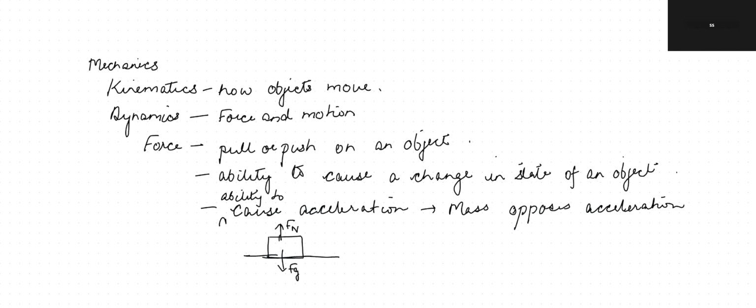Fn, the normal force acting on the book due to the table, is equal to the weight of the book acting downwards. So both of them are balancing. Though there is a force, it is not causing acceleration, because the net force is zero.